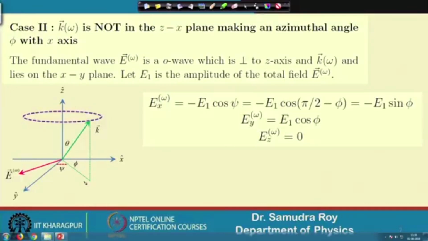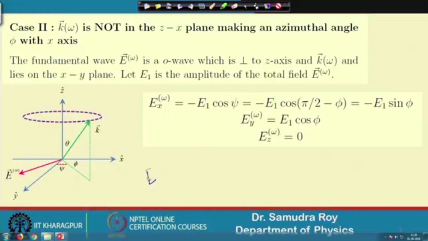So, in this figure we can see that k, which was initially in the y direction, is now going to shift to an angle, and this angle is nothing but the angle phi, because I am rotating this k by phi, this is the azimuthal angle, and as a result k will change, E will change.